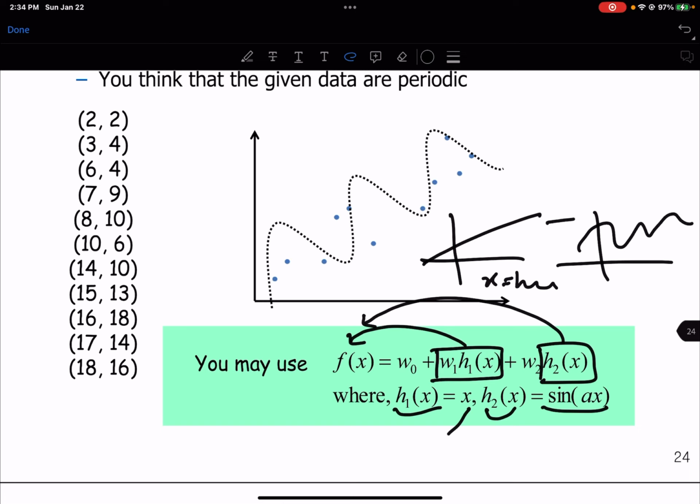And then we combine both of them, it appears like this. And w0 will determine the intercept. What is the value of y when x is 0? So we are combining these two, the linear and the sinusoidal representation, to finally get this kind of curve.